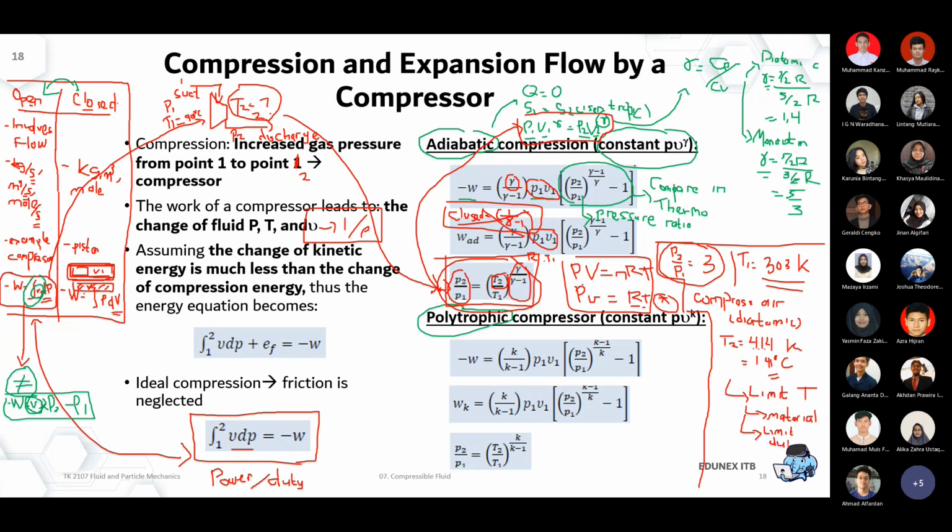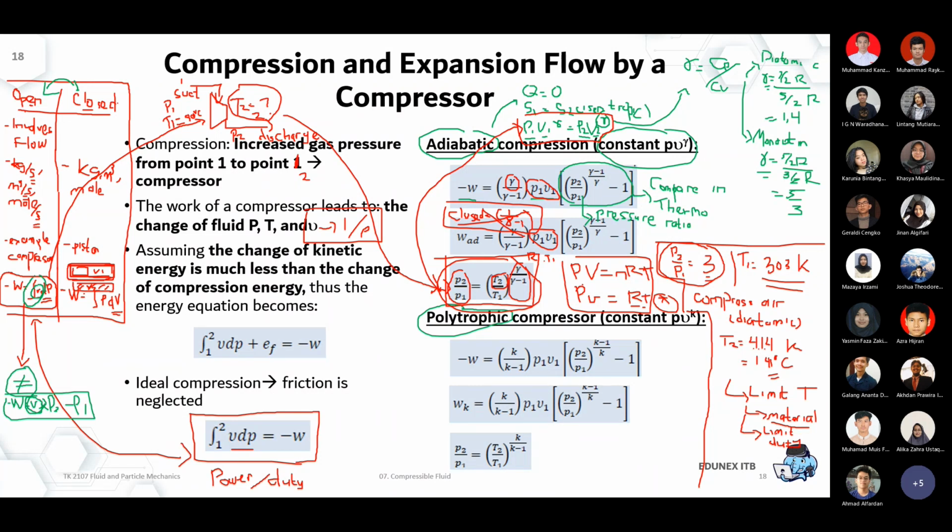You can imagine now if I change the equation, the pressure ratio, instead of 3, I use 1 to 10. You can check on that. The temperature will be much hotter than 30 degrees C. Obviously, the material for high temperature will be more expensive because of the higher resistance and so on, a high specification.